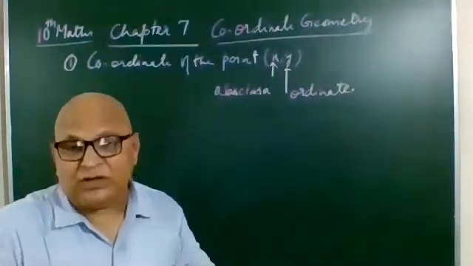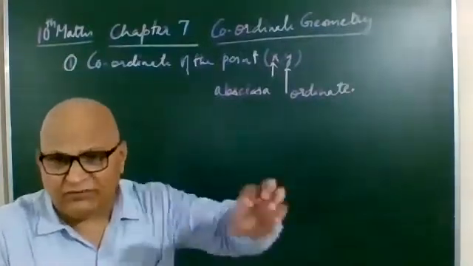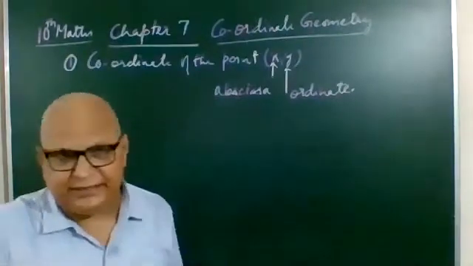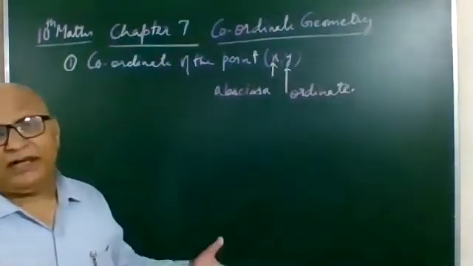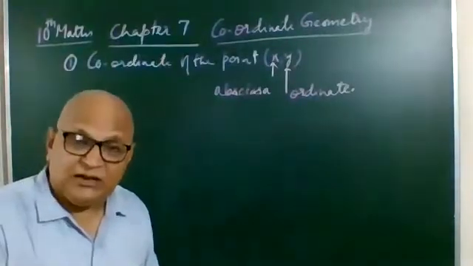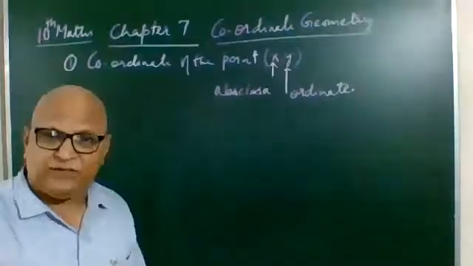Now you must know what is abscissa. Find the abscissa of the point means x you have to find out. If the question is find the ordinate of the point, then you will say ordinate of the point is y. But if the question is find the coordinate of the point, then both x and y you have to find out.